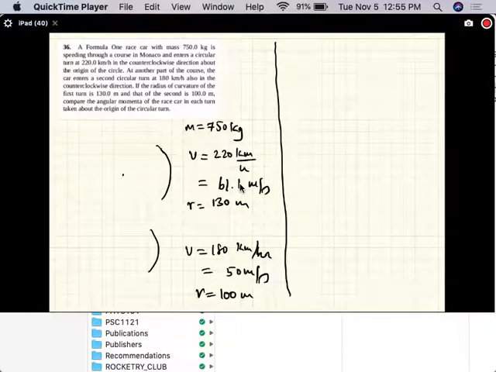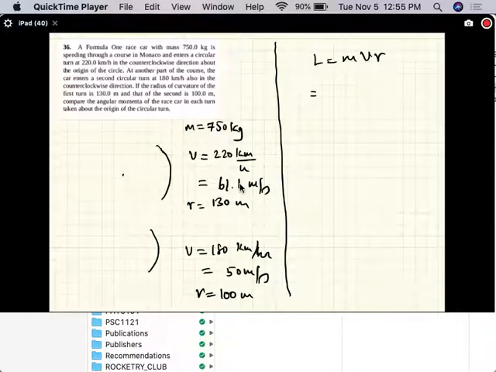Okay, the problem asks you to compare the angular momentum of the race car in each turn taken about the origin. So the angular momentum for a car going in a circular path is, you guys can look up this formula, m v r.